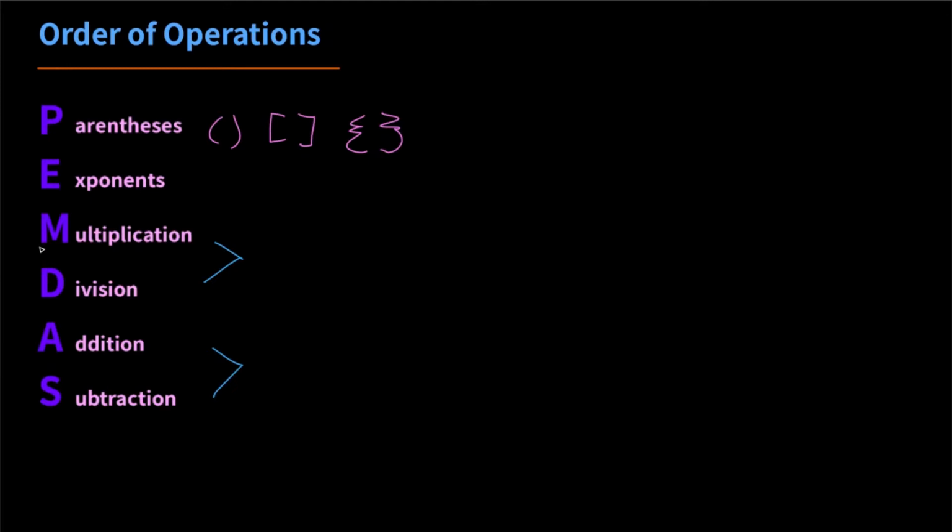You might hear GEMDAS for grouping symbols, but many times PEMDAS is going to be what you hear. So this helps us remember the order in which to do operations: parentheses or grouping symbols, exponents, multiplication or division, but they must be done in order from left to right. And then addition and subtraction are the same priority, but they must be done in order from left to right.